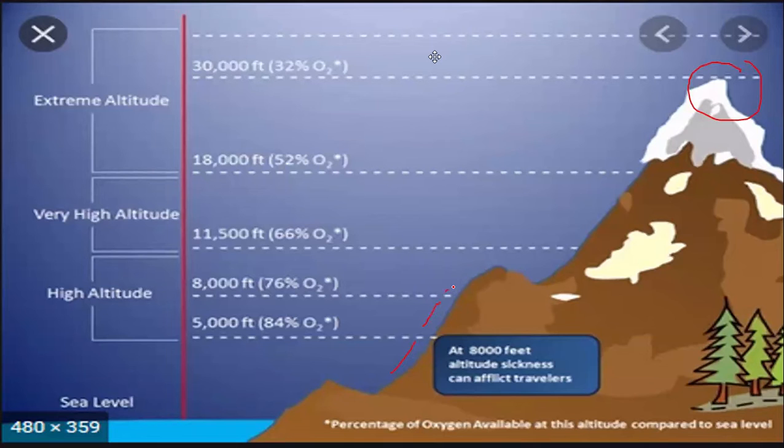Do not go continuously, or you'll die. That's why if you notice those people going up, they have rest periods in between. That's giving them acclimatization, meaning adaptation, so that they can adapt to the bad quality of living up there, especially for people like us.